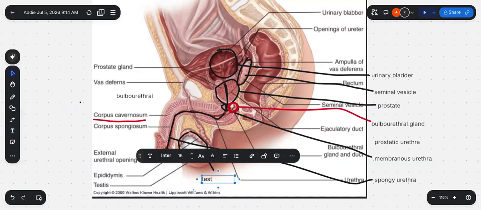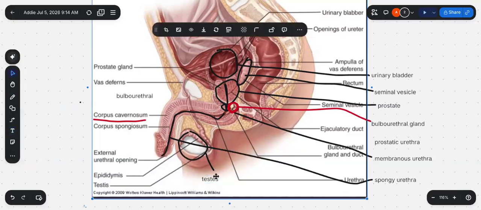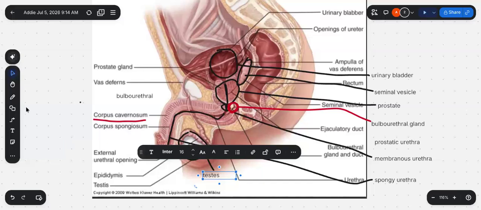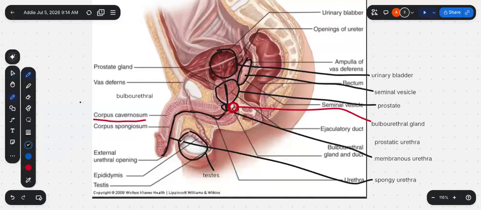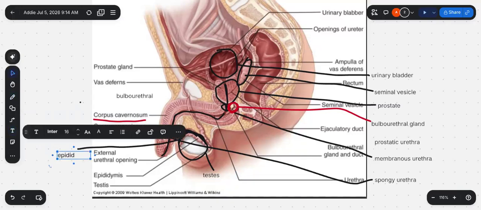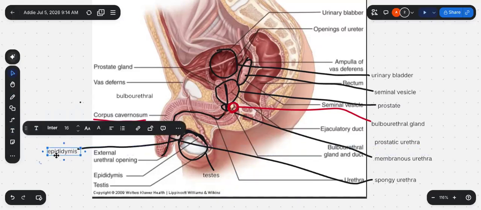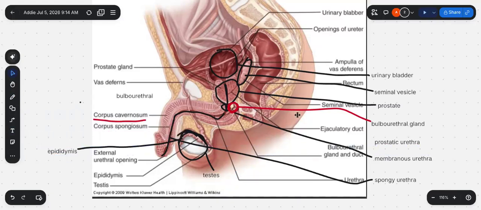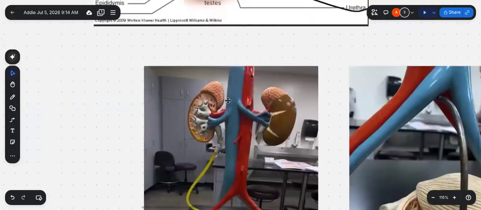And then around it, you have this pink C-shaped looking thing. That little structure over there is known as your epididymis. That's also another fun word to say. So that is your epididymis, and that is where that would be located. So that's everything for the male.